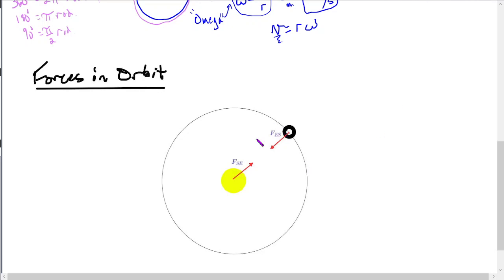That's just what happens. Here we have the force of the sun on the earth, and here we have the force of the earth on the sun. And these two are going to be opposite but equal to each other, regardless of the masses of the objects. These forces are equal to each other. They will just accelerate each other differently.